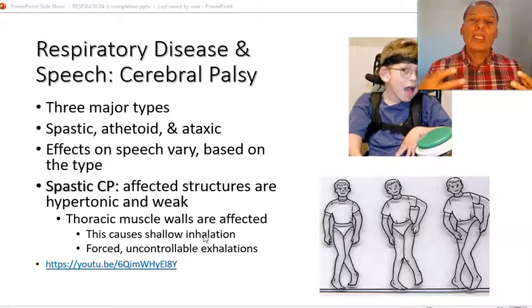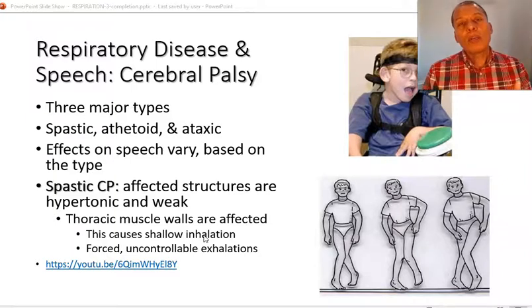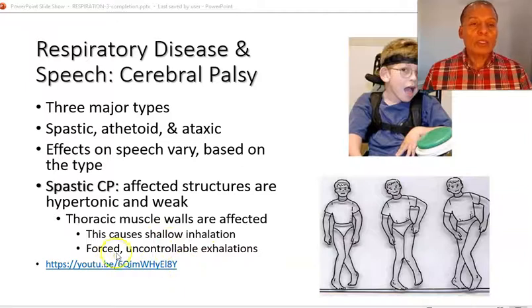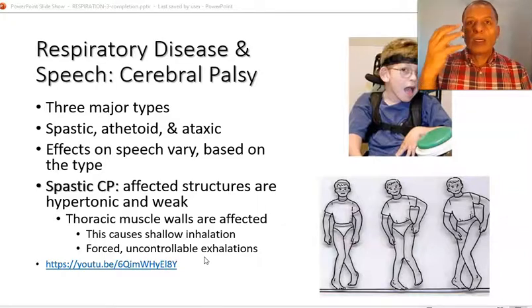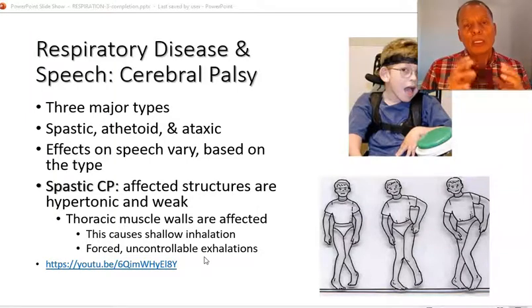So when you do not inhale, you do not have enough vital capacity, you do not have enough air to start with, and that will in turn affect the amount of air that you can exhale. So that at the outset causes shallow inhalation. And when you start with a smaller amount of air that you have inhaled, the expiratory volume will be decreased as well.